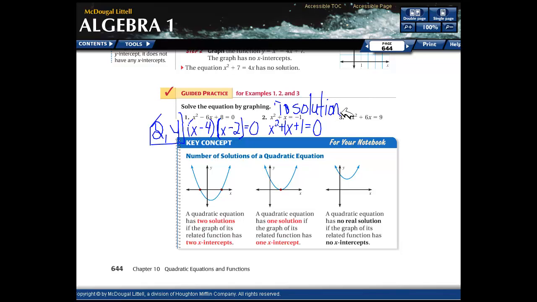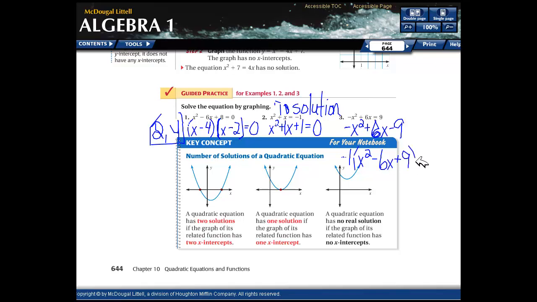Okay, one last one. Putting this in standard form, I would have negative x squared plus 6x minus 9. Factor out the negative 1. I would have a positive x squared minus 6x plus a positive 9.